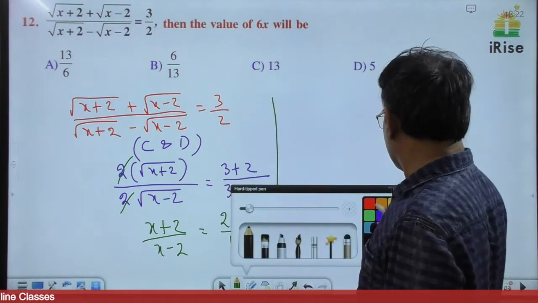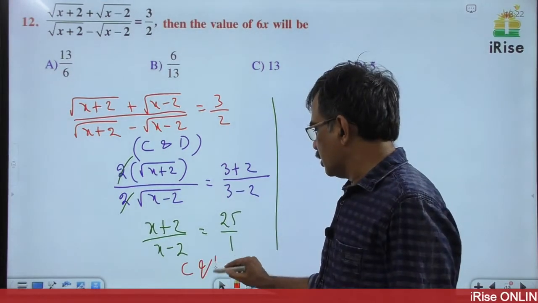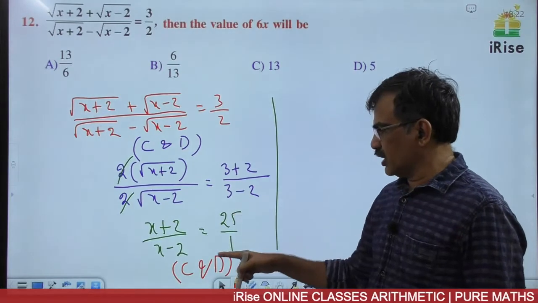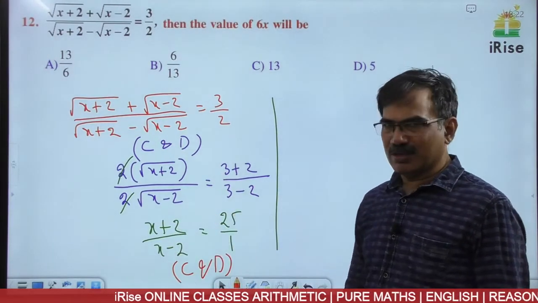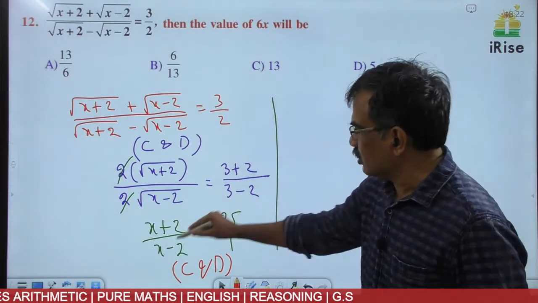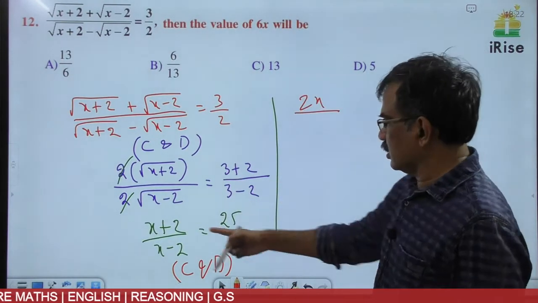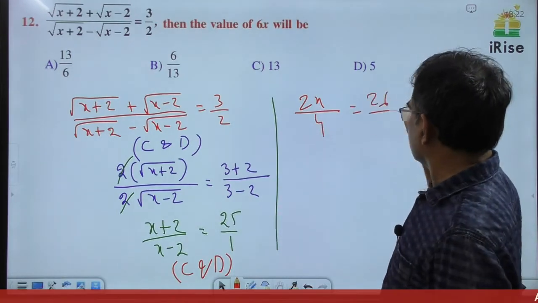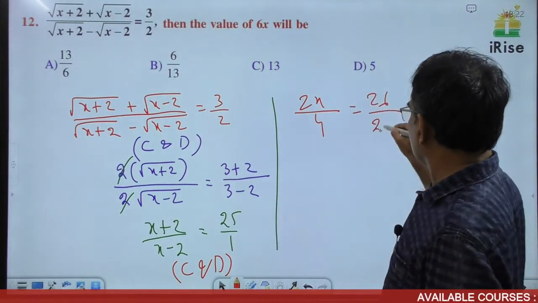Again apply the componendo and dividendo rule. Numerator by denominator, a by b is equal to c by d form. Then what do we get? x plus 2, if you add these two, we get 2x, by this minus this, 4, is equal to, add these two, 26, by this minus this, 24.